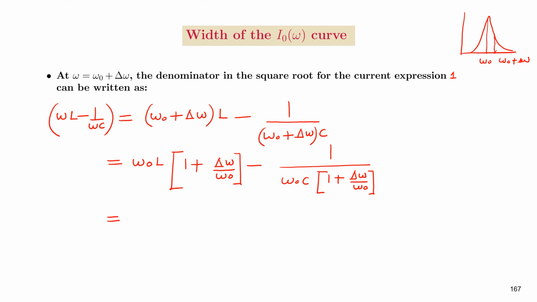And this is equal to omega 0 L multiplied by (1 plus delta omega divided by omega 0) minus 1 divided by omega 0 square multiplied by LC times (1 plus delta omega divided by omega 0).